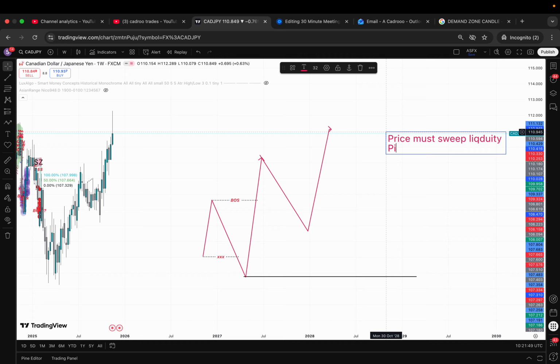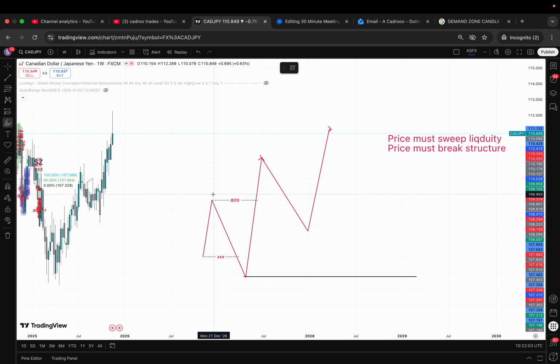Price must break structure. As you can see, guys, criteria number one, price has what? Swept liquidity. Criteria number two, price has what? Broken structure. What's our criteria number three?